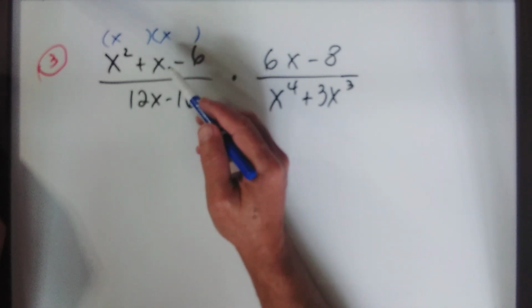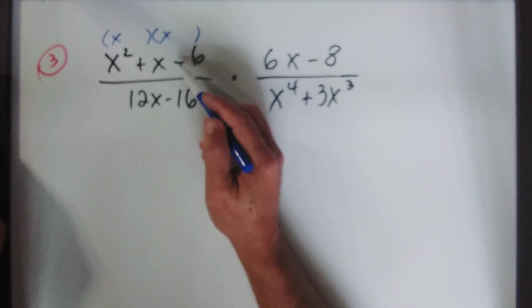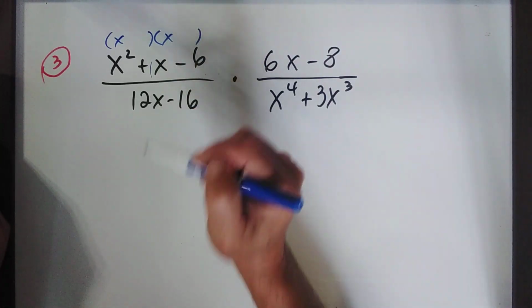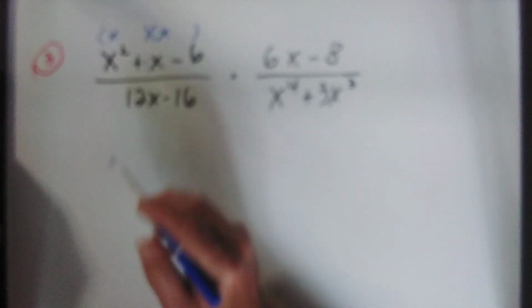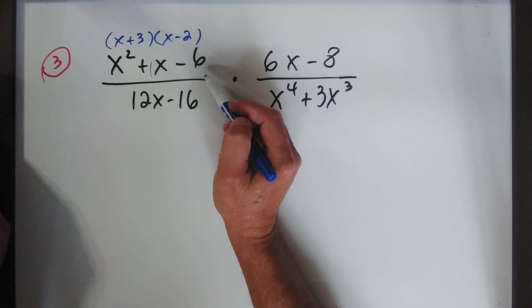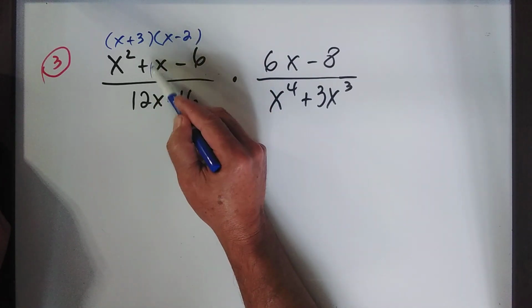In this case, I'm looking for two numbers that give you -6 when multiplied and combine to +1. That's going to be +3 and -2. 3 times -2 is -6, and 3 plus -2 is +1 right there.